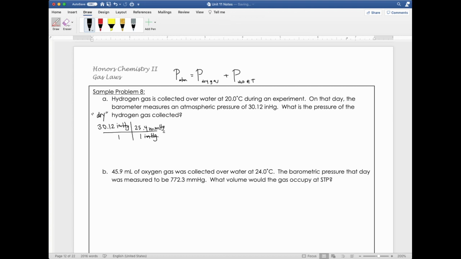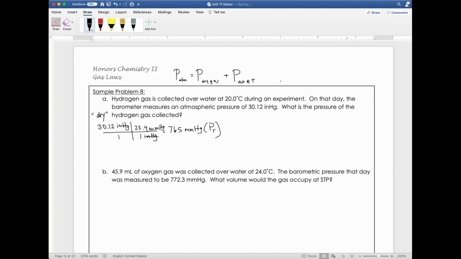You don't have to put the Hg there, but you can if you want. When you solve for that, your answer should have, let's do 3 significant figures, 765 millimeters of mercury. So this is the total pressure, PT, that we just converted into different units.